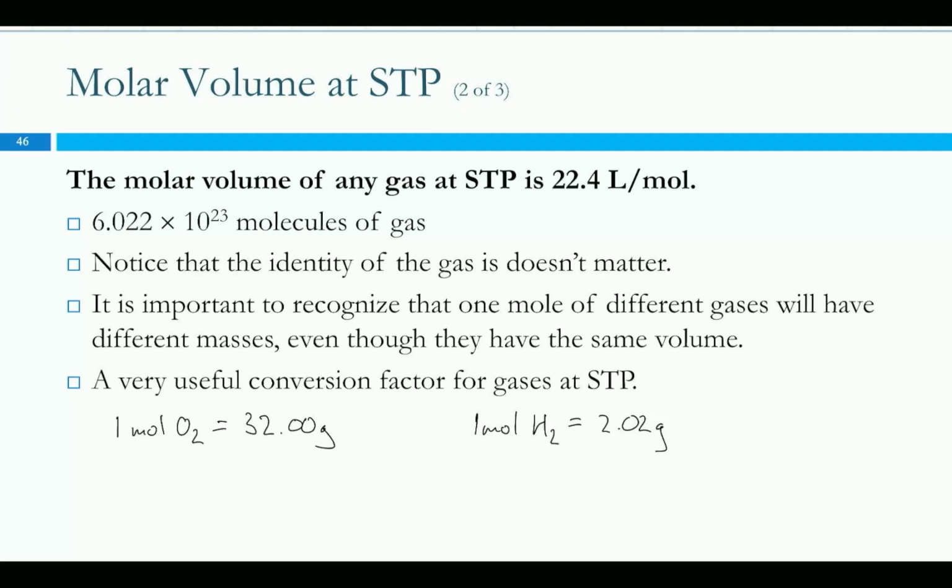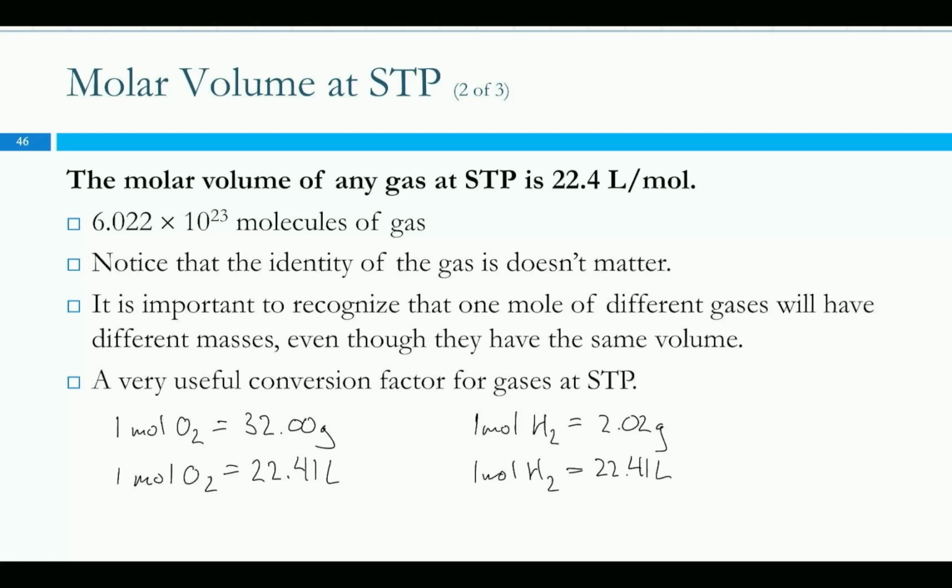So the volume that the gas takes up is the same, but because the gas particles are heavier or lighter depending on the identity of the gas, they're going to have more or less mass. So 1 mole of O2 would have a volume of 22.41 liters, and 1 mole of H2 would have a volume of 22.41 liters.